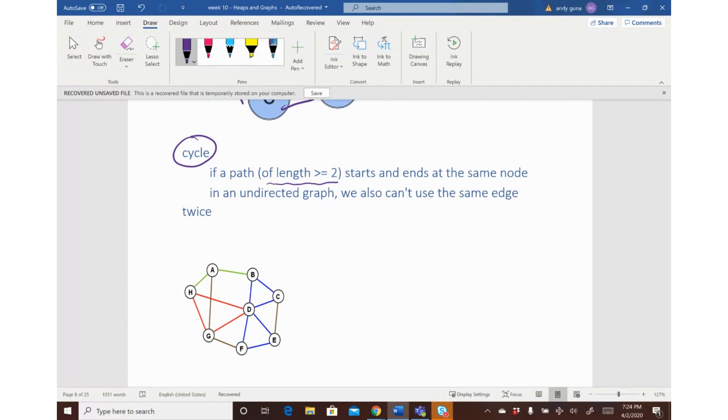Can you write down the cycles in this graph? There are many cycles in this graph. It's undirected, so you can have a cycle A, H, G, A. Notice that the cycle always starts and ends in the same node.